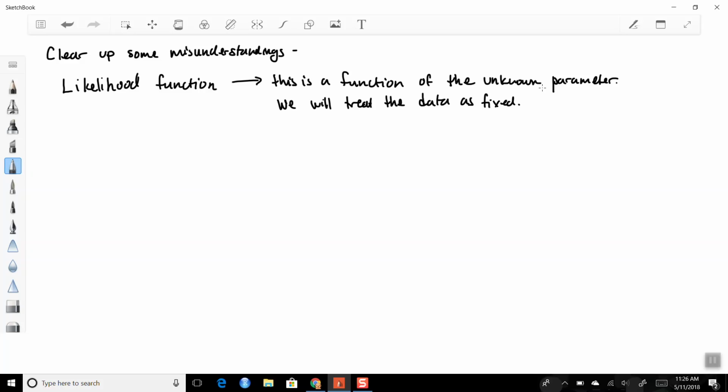So, for example, in one of the problems, we said we had 10 at-bats and 4 hits, and we asked, find the likelihood function of this data.